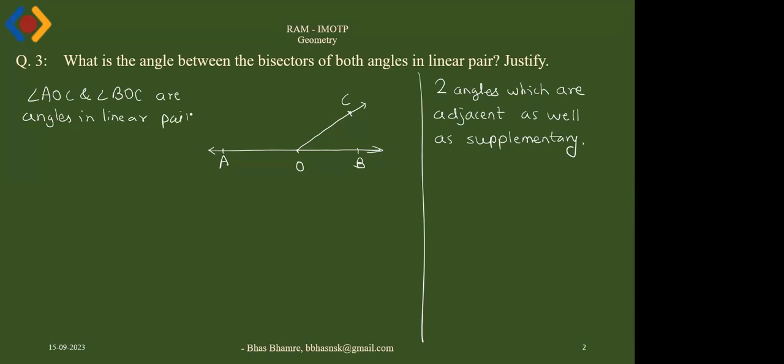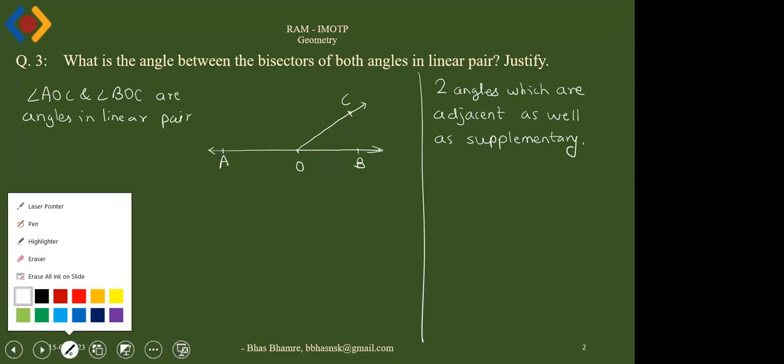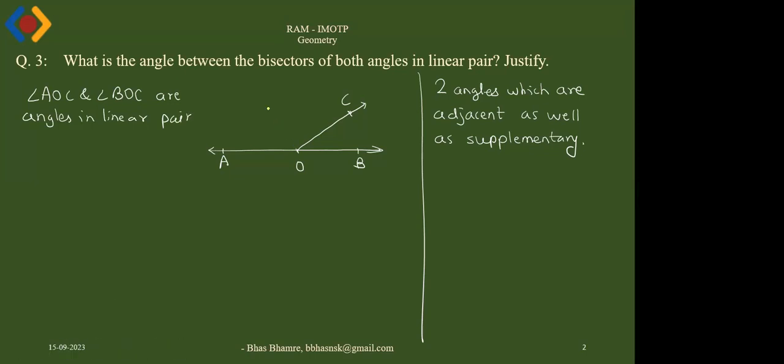So we bisect them, a bisector making two equal angles. These are the bisectors. Suppose ray OP bisects angle AOC and ray OQ bisects angle BOC. Then we need to find angle POQ.